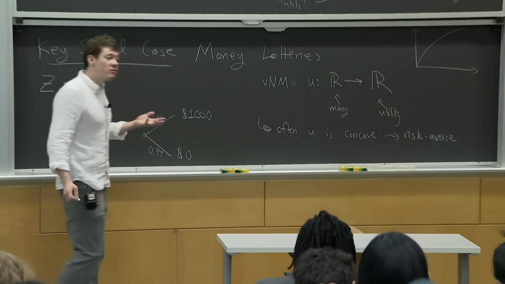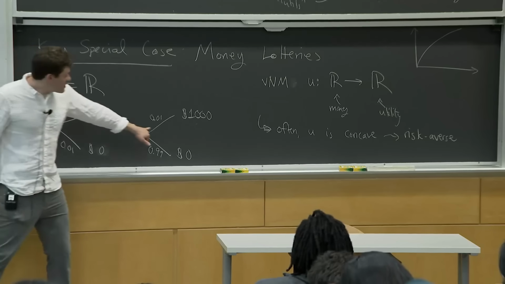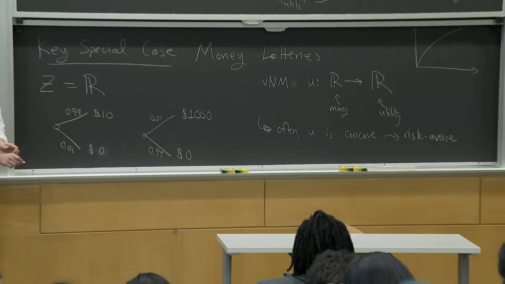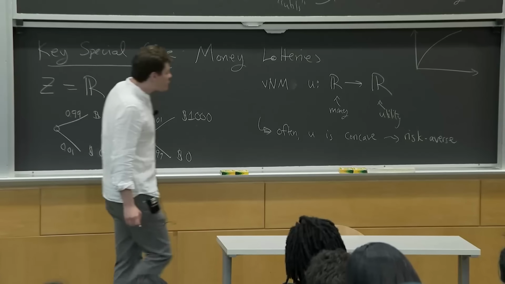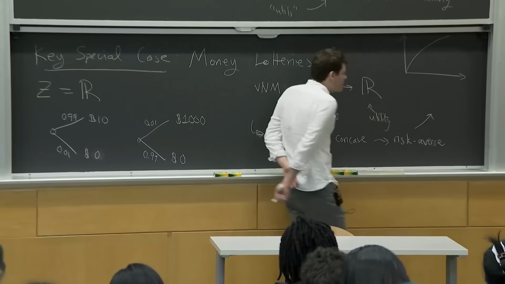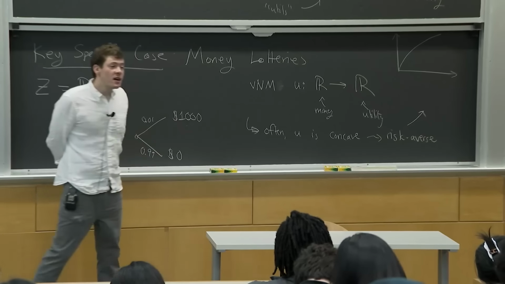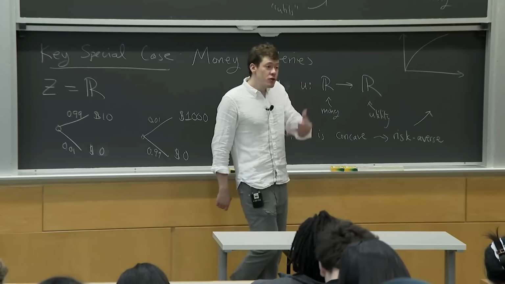So in this case, you exhibited risk aversion. You preferred this lottery to this lottery, even though it had a smaller expected value. And if we want to formally define what risk aversion means, a risk-averse person is someone who always prefers a certainty at the expected value of a lottery to the lottery itself.